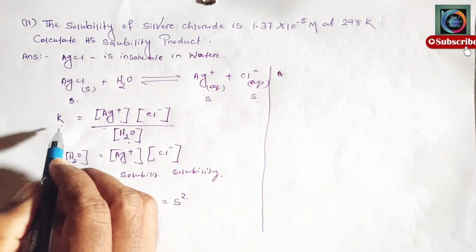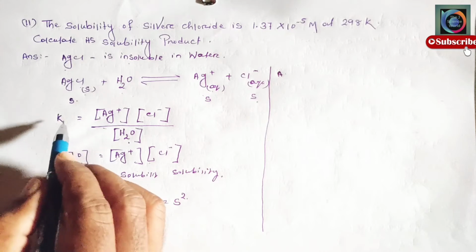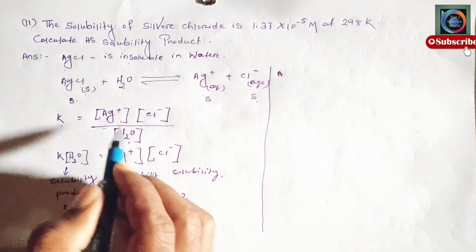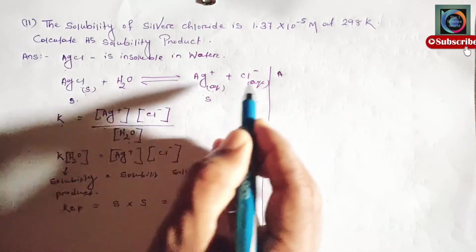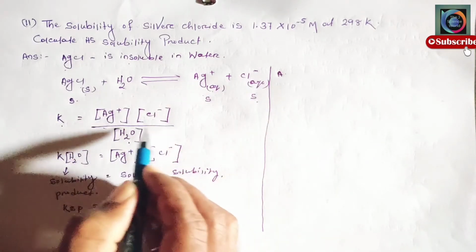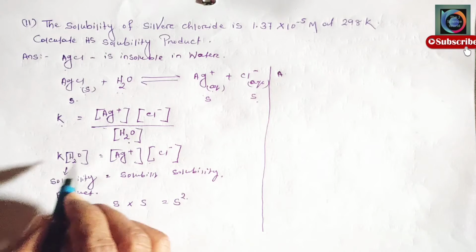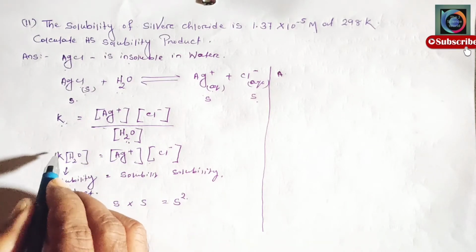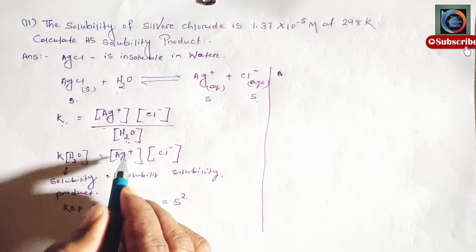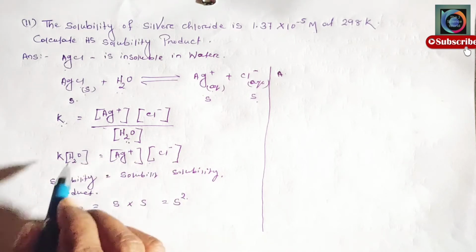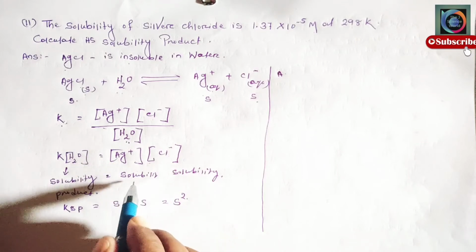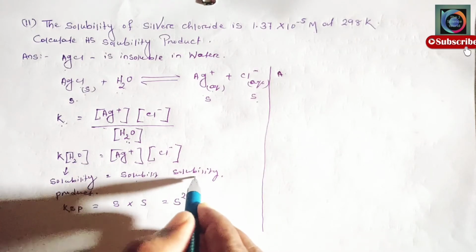If we express our K value, we already have some knowledge about this K, that is Ag plus concentration times Cl minus divided by H2O. If we bring the H2O to the K side, we get K times H2O equals Ag plus times Cl minus. This is our solubility product, and Ag plus and Cl minus have the same solubility.